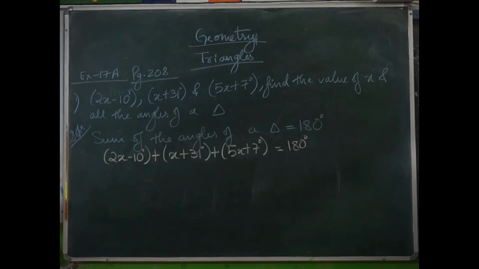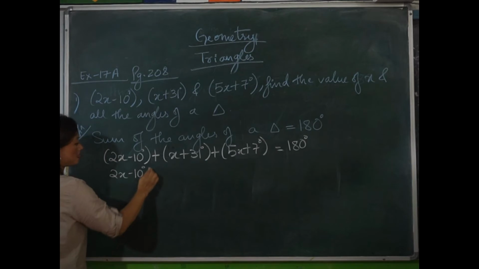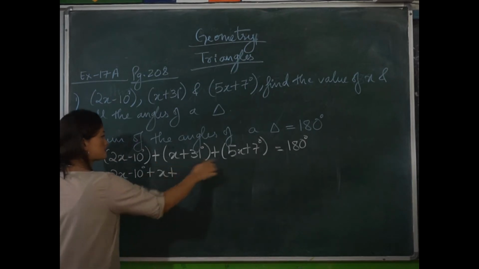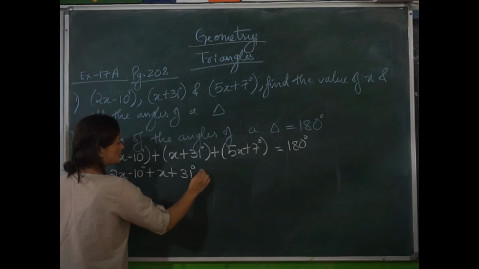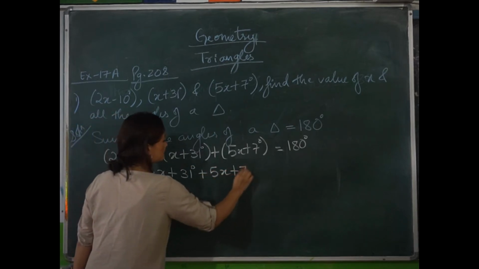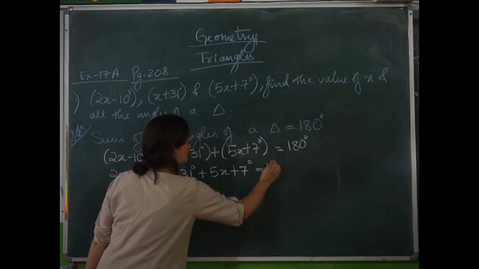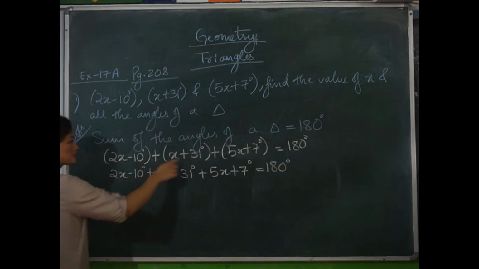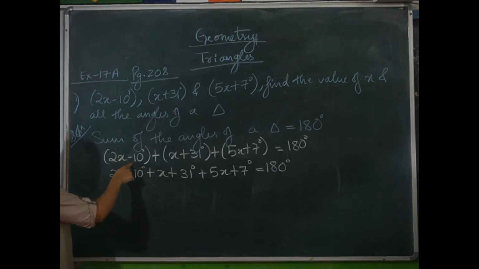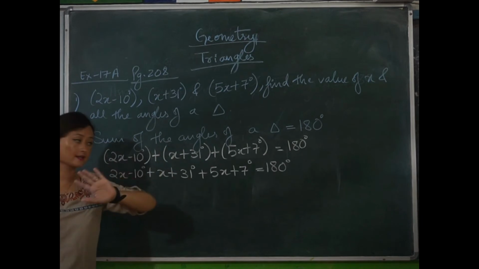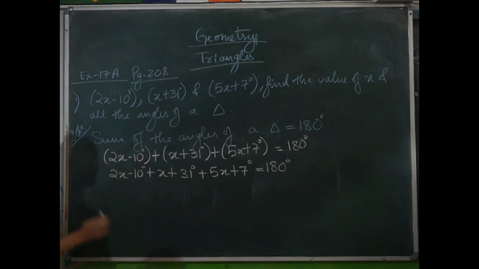Now we need to open the bracket. 2x minus 10 plus, since all the numbers are positive except 10, we can open them without considering the signs, plus plus plus directly. Now what we do next is bring the like terms together and rearrange them.